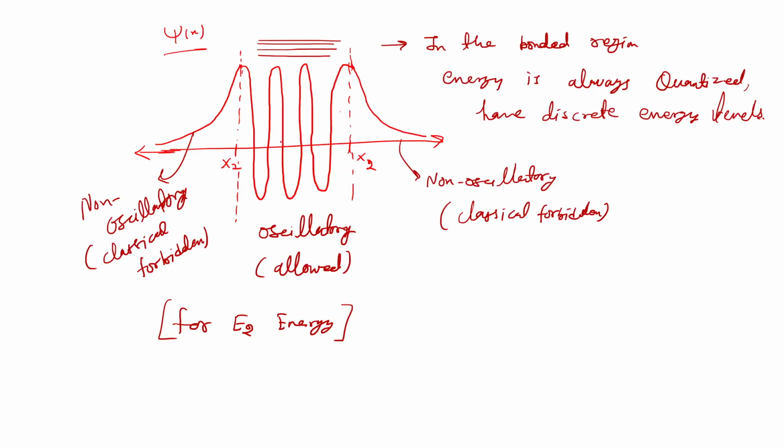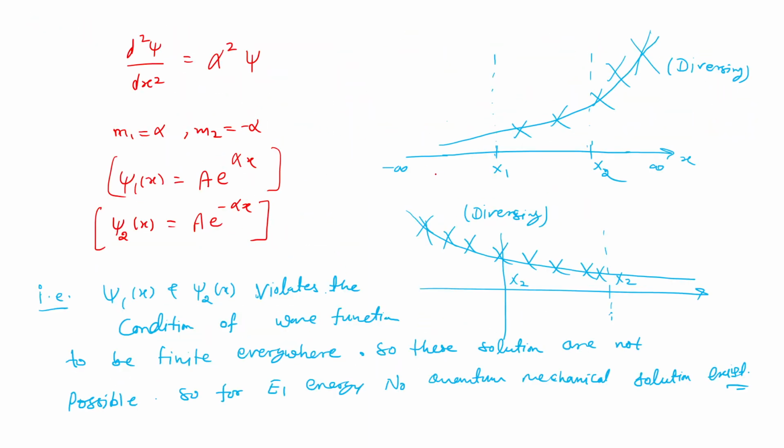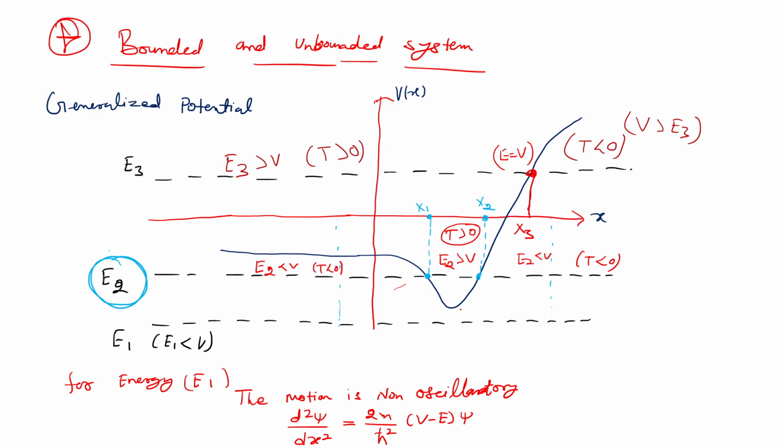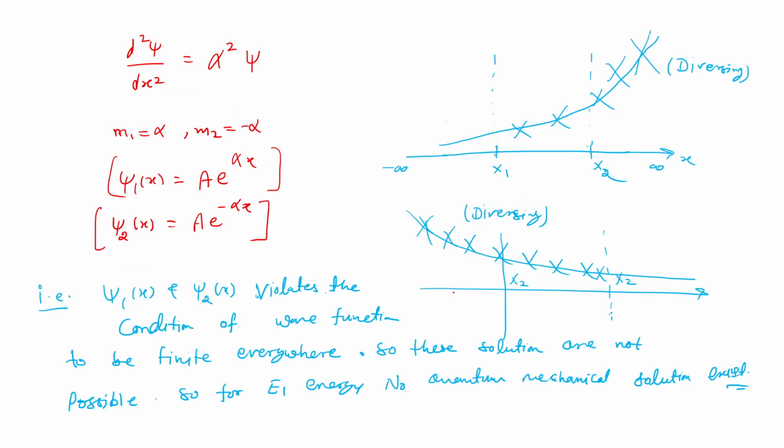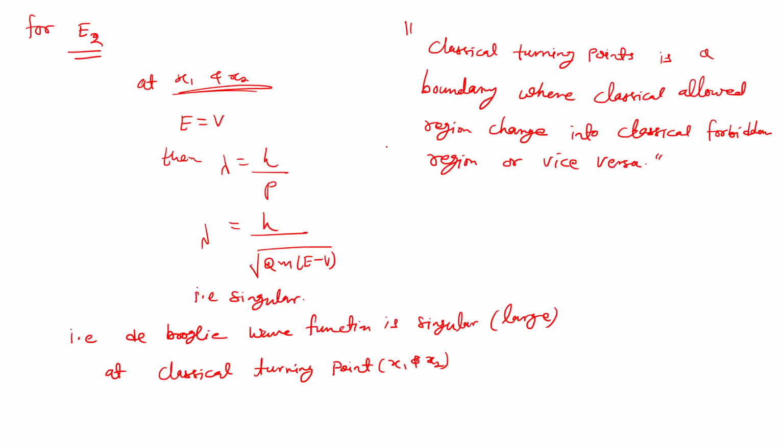There is no bounded part like this. So from the potential also you can clearly see where the function should be in a bounded region. This is a very important discussion we had.